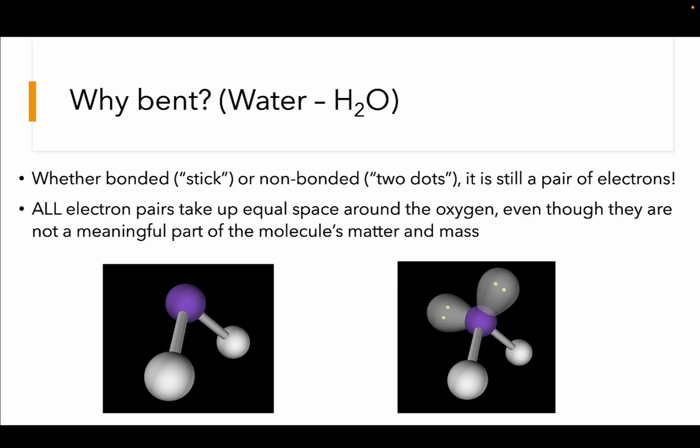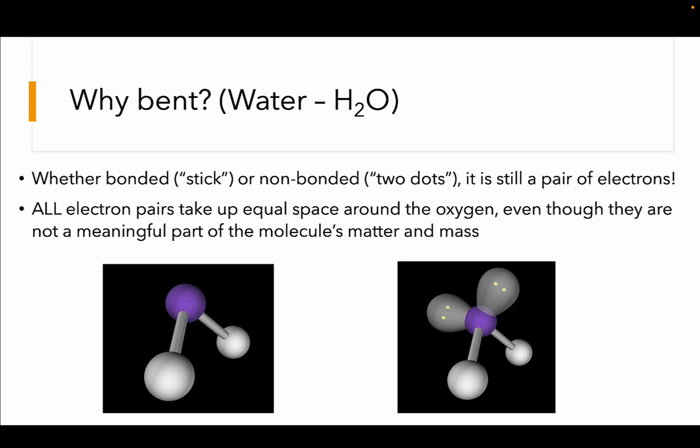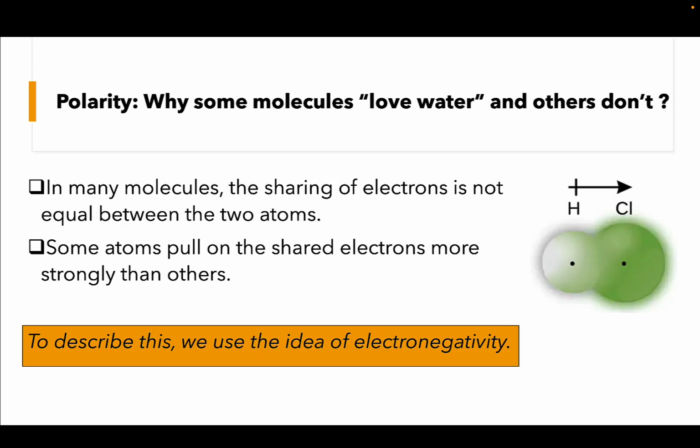Water looks like a bent structure that appears here. And if we look back at CO2, there is no lone pair on the carbon of CO2, and therefore those two double bonds push each other apart and do so to complete opposite sides of the central atom. Again, water bent, CO2 linear. This makes for a wide variety of different properties, which we're going to discuss here.